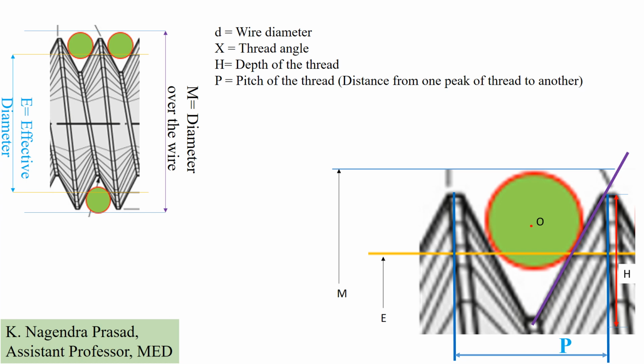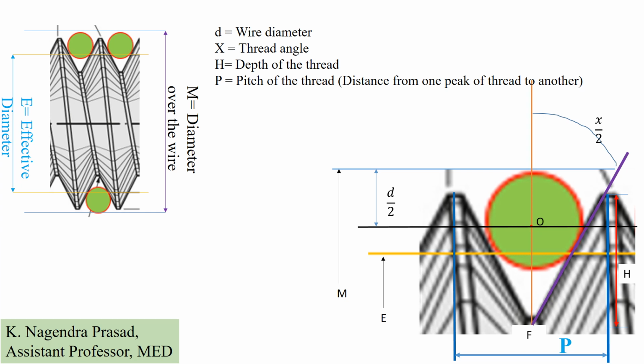So let us consider O as the center of the wire, and draw a vertical line from the root F passing through the center of the wire. Here d by 2 is the distance from the wire's outer diameter to the center of the wire. Next we draw a horizontal line at the effective diameter of the thread.